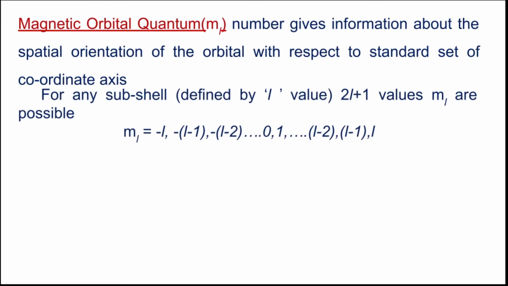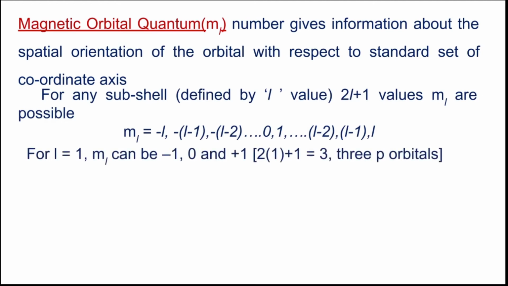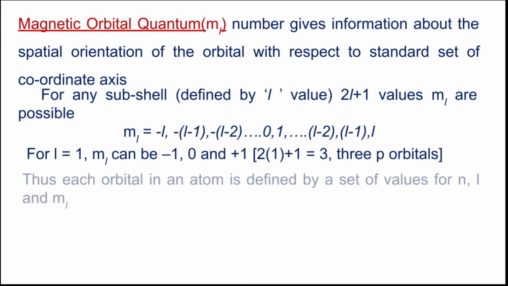That is, ml can have values from minus L to 0, then 0 to plus L. For L is equal to 1, ml can be minus 1, 0 and plus 1, and that means 2L plus 1, that is 3 p orbitals are possible. Thus, each orbital in an atom is defined by a set of values for n, L and ml.